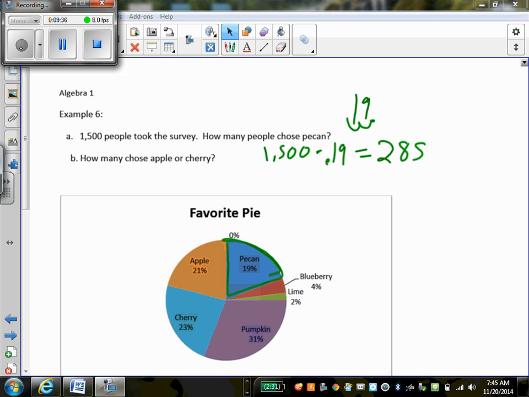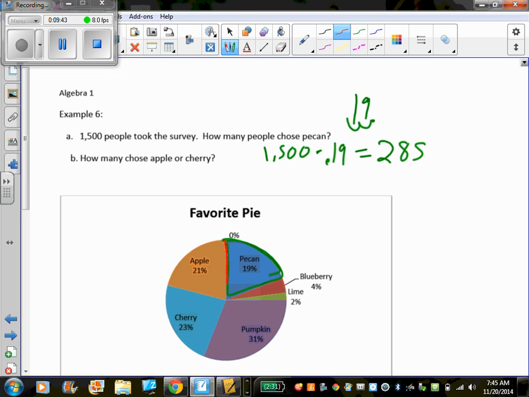For the second part, where we have to choose apple or cherry, notice that for apple we have 21%, and for cherry we have 23%. If we combine those two into one thing, altogether they total out to be 43%. So we basically do the same thing we did with the previous one, but now we have 1,500 times whatever 43% turns into as a decimal.